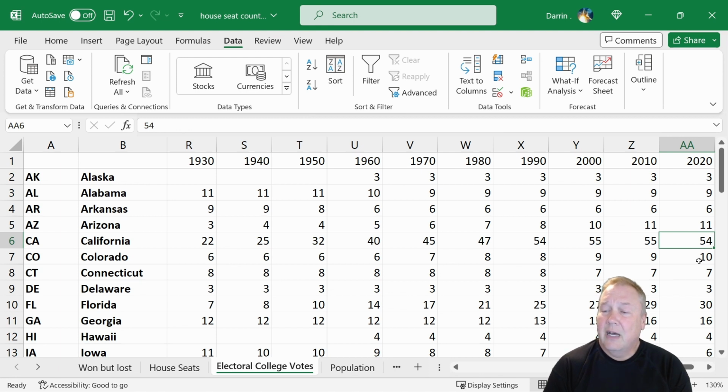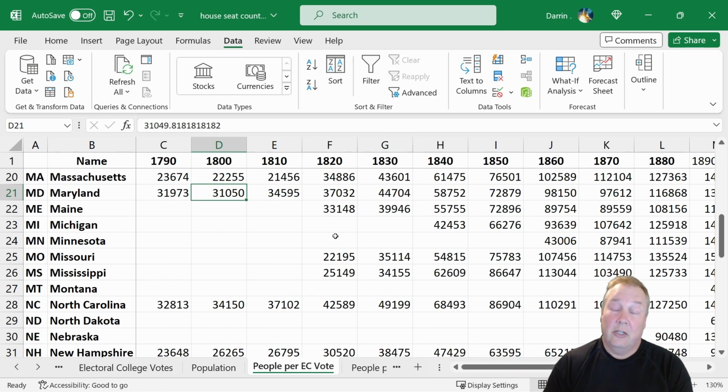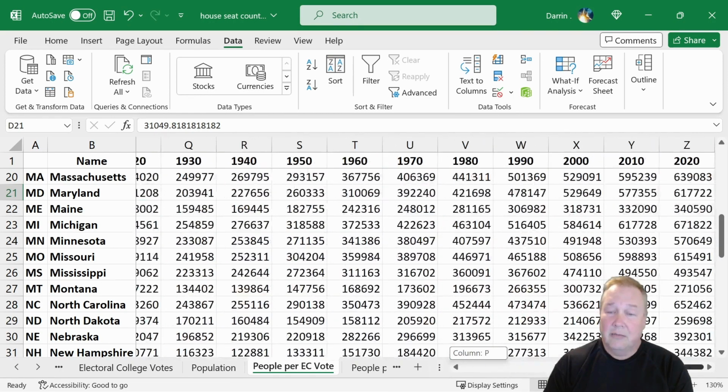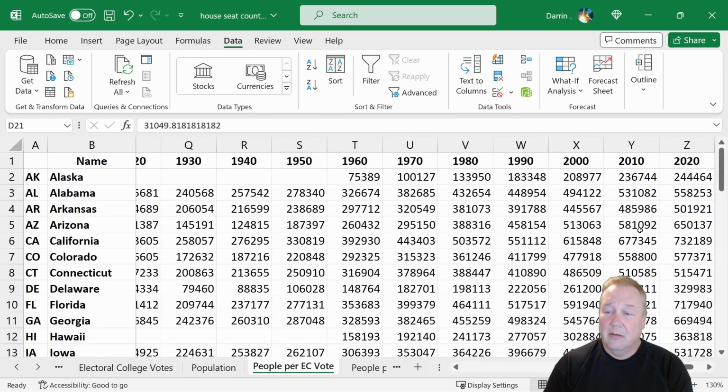So obviously, there's a lot more Senate representation per person, a lot more electoral college representation per person, a lot more presidential representation per person. So we can actually look at how much this has changed. If we look at people per electoral vote, we have 244,464 in Alaska.